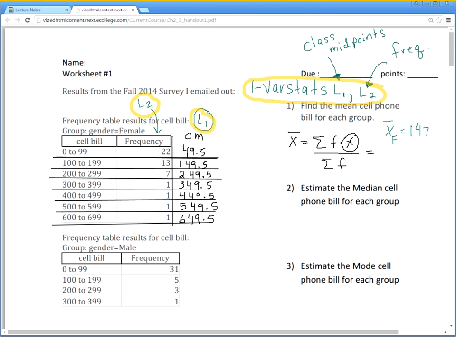So the question is, how do you round it, right? And so we don't have the raw data. The closest thing we have is the class limits, the lower and the upper, which are whole numbers. So yeah, it's just to one place, 147.3.